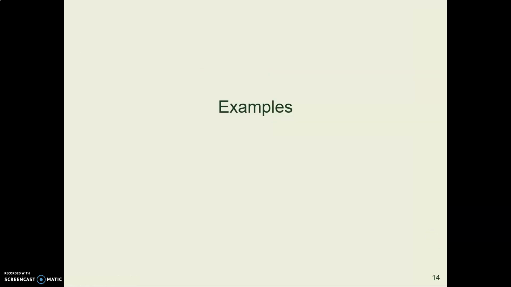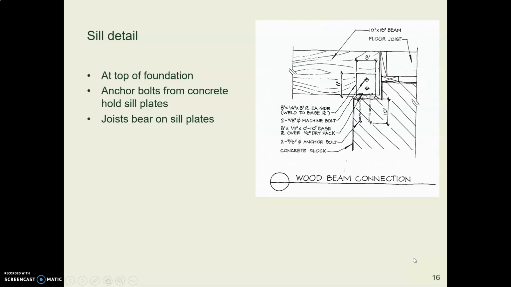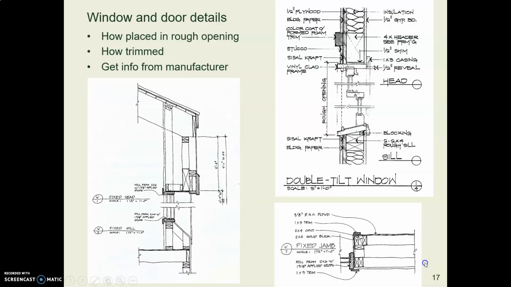And now I've just harvested a few examples of details from here and there. Here are some footing details. Oh, and here's a window over here. Here's a sill showing the contractor this connection. Here are some window details.